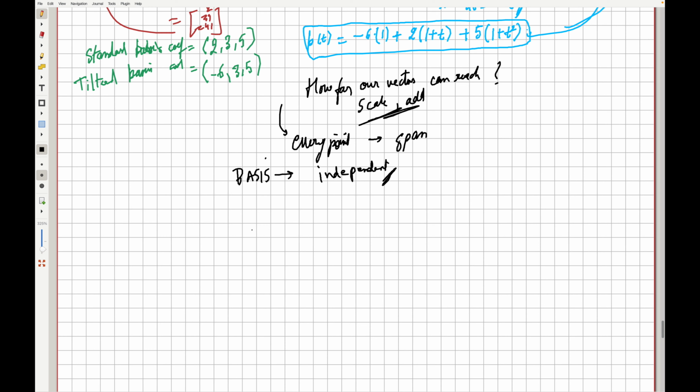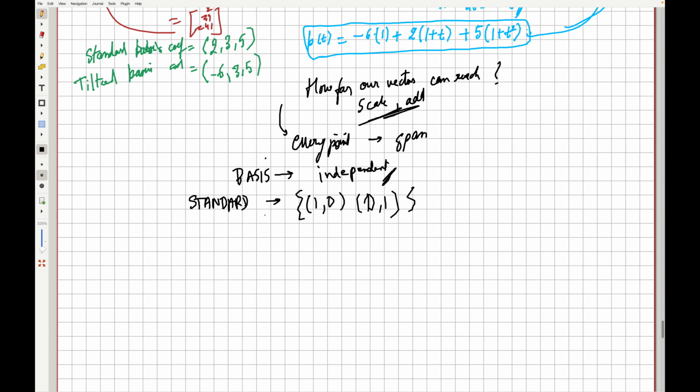And then there are the standard basis vectors, which are simply made up of ones and zeros, just as we saw earlier, and these can essentially reach any point in 2D space if we have this set of basis vectors.